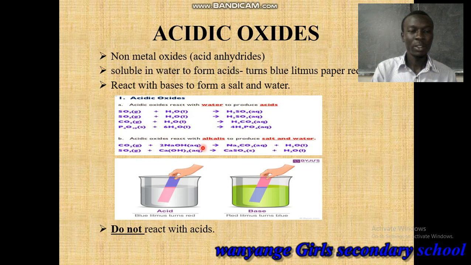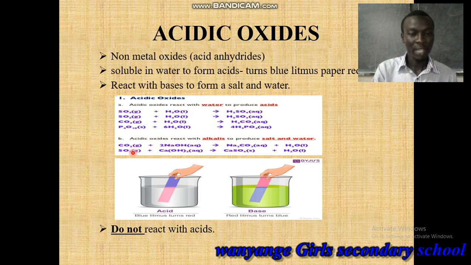How has this salt been formed? Just a combination of this carbon dioxide plus the base. You can see that this metal is the one which is in the base. Sodium hydroxide forms sodium carbonate when reacted with carbon dioxide, and the other product is water. Let's look at another example.